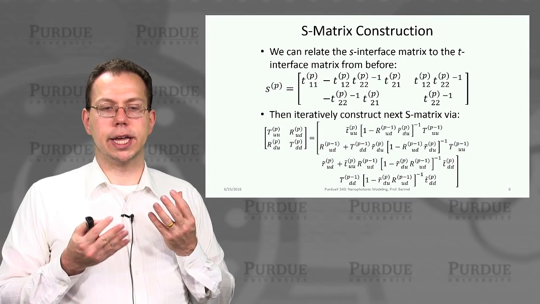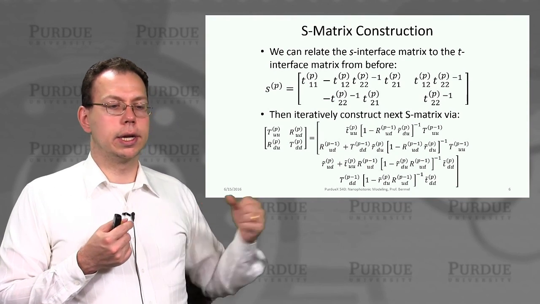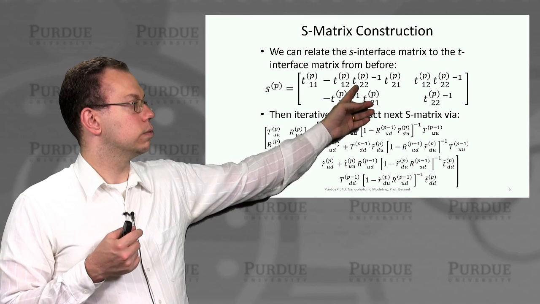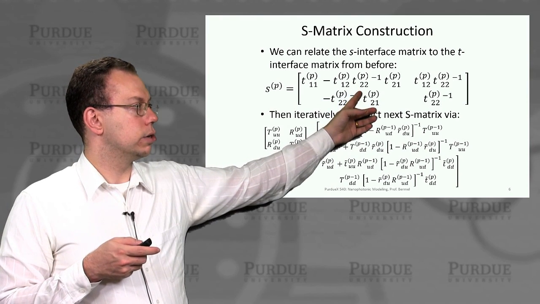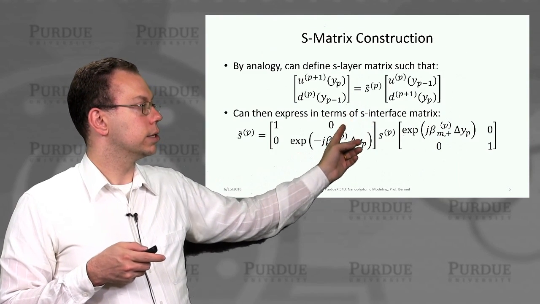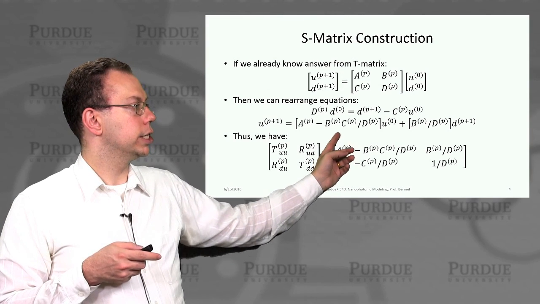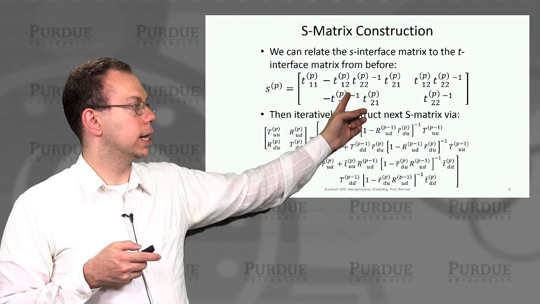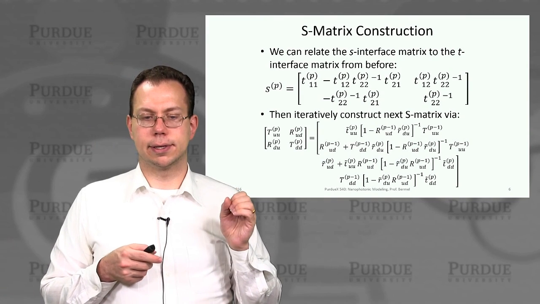And then we can actually relate it to the T matrix from before. And so we basically have just rewritten that equation that I had earlier. Okay. So that was essentially this equation, but just rewritten in terms of T matrix elements. Okay.